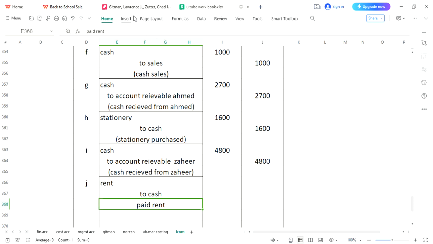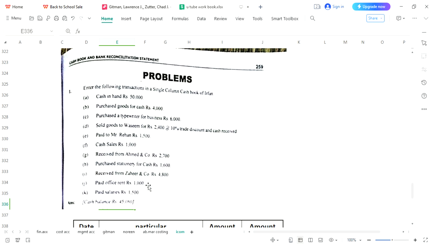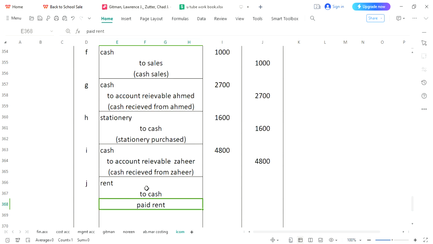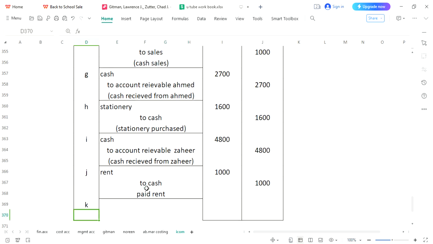In this way our J entry has been completed and we will now see how much the rent was. Office rent was 1000. So you will write 1000 on debit side and the same amount you will post on credit side. Then K entry would be seen.